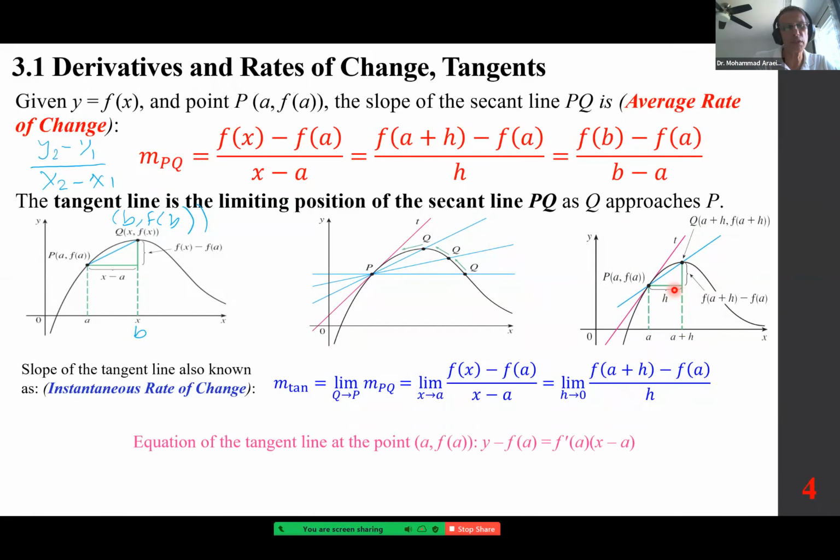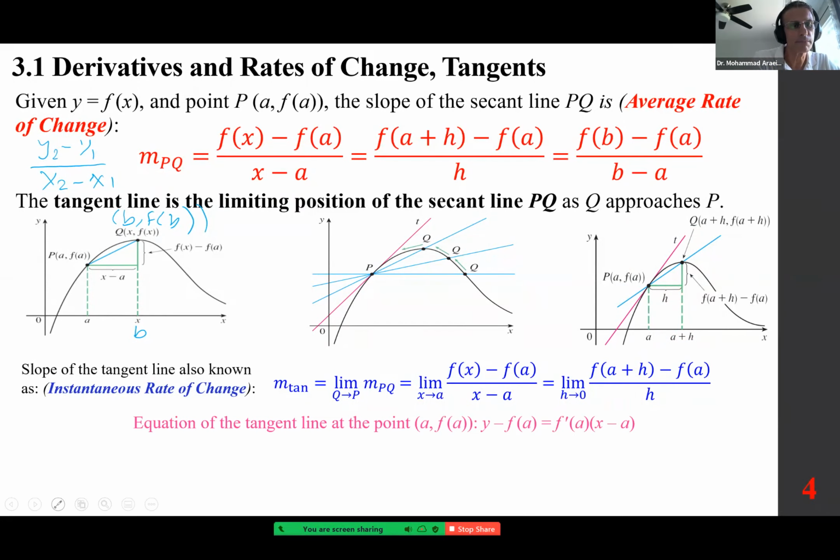And I hope you remember the point slope formula from elementary algebra: y minus y sub 1 equals m times x minus x sub 1.